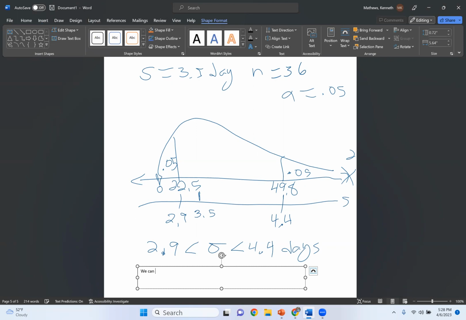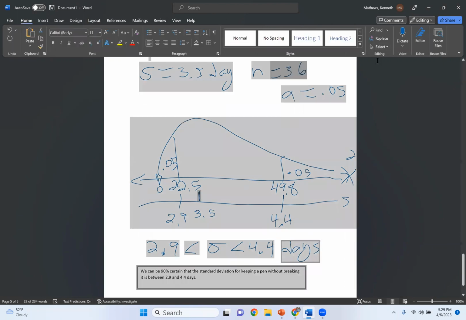So we can be 90% certain that the standard deviation for keeping a pen without breaking it is between 2.9 and 4.4 days. Okay, so let me stop the share.